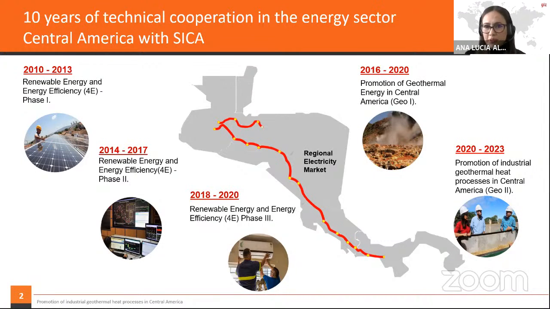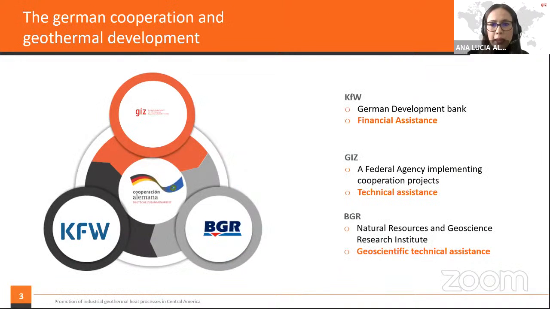So that was the work we did in those first years, and we are starting right now. Last month we started the second phase of this cooperation project in the region. To go into details a little bit more, we are not alone.